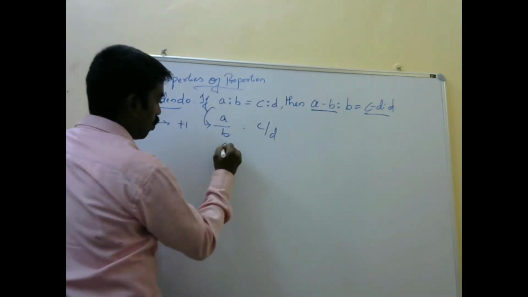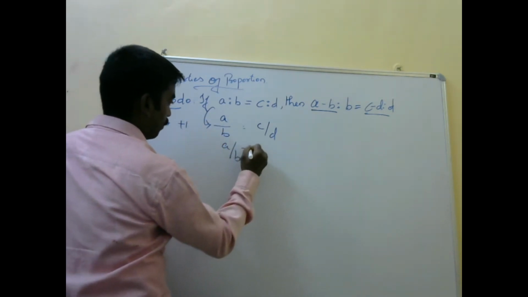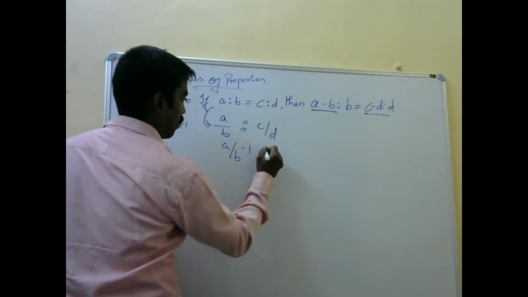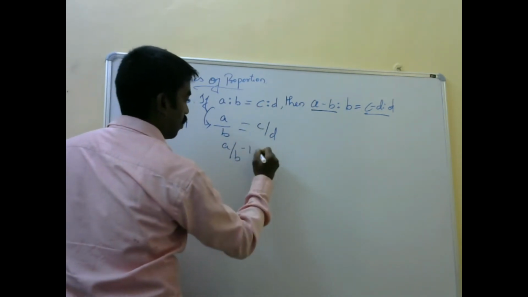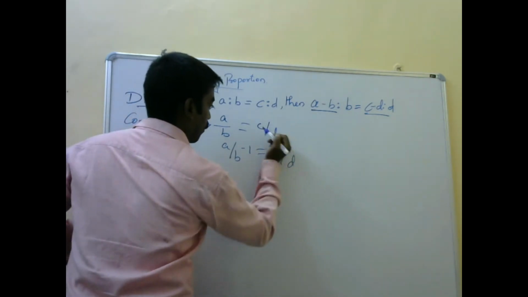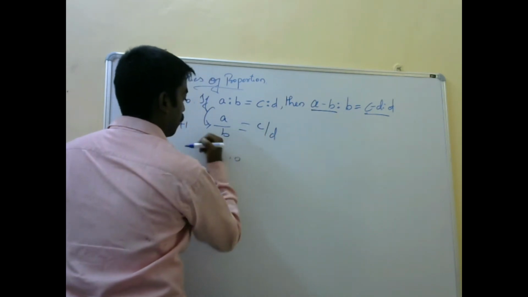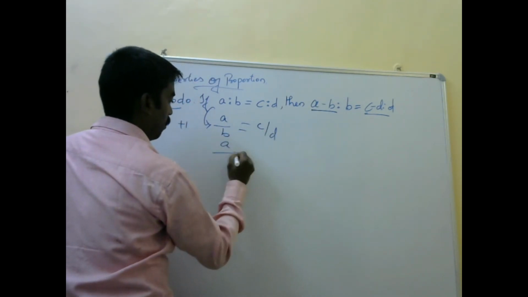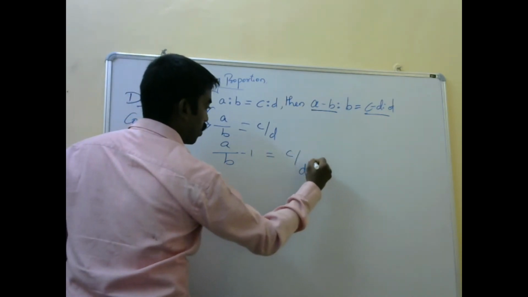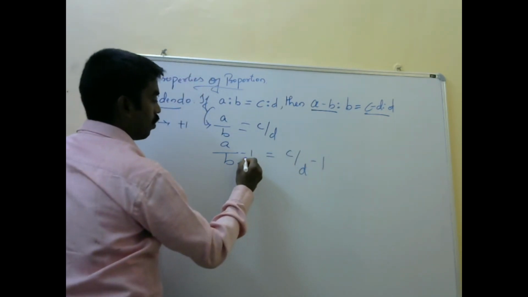In this we are going to do minus 1: A by B minus 1 is equal to C by D minus 1. When you simplify, what you will get?